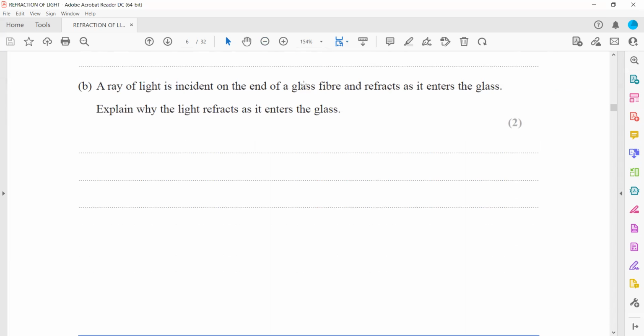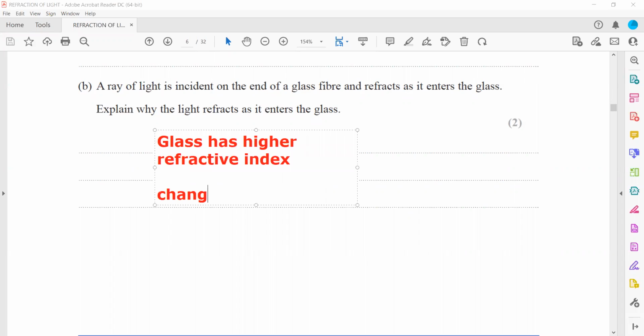So a ray of light is incident on the end of a glass fiber and refracted as it entered the glass. Why is the light refracted as it enters the glass? Because glass has a higher refractive index, so it changes the speed of light.